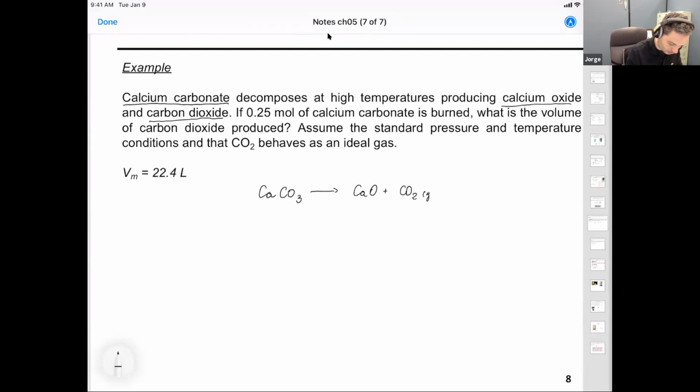Okay, CO2 is a gas, calcium oxide is a solid, and calcium carbonate is solid as well. If you want to indicate that there is a heating up process, we draw a triangle over the arrow, okay? So that means we are heating up.